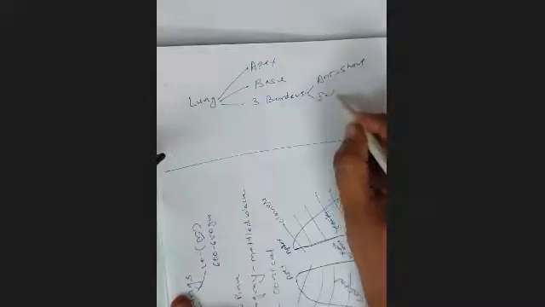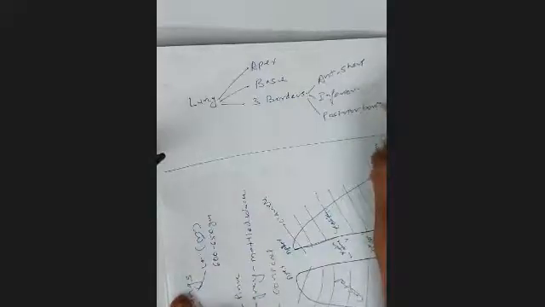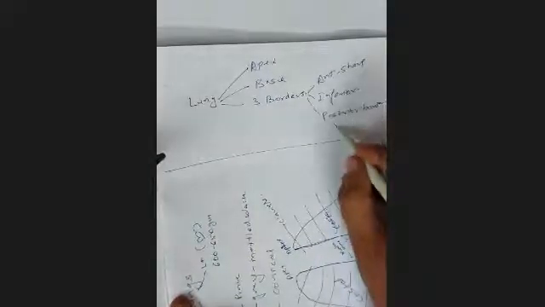Three borders: anterior border, which is sharp, inferior border, and posterior border. And this posterior border is rounded. So apex, base, three borders and two surfaces.